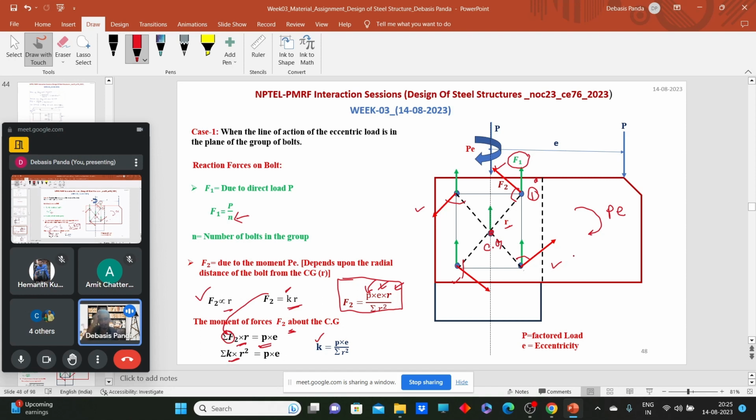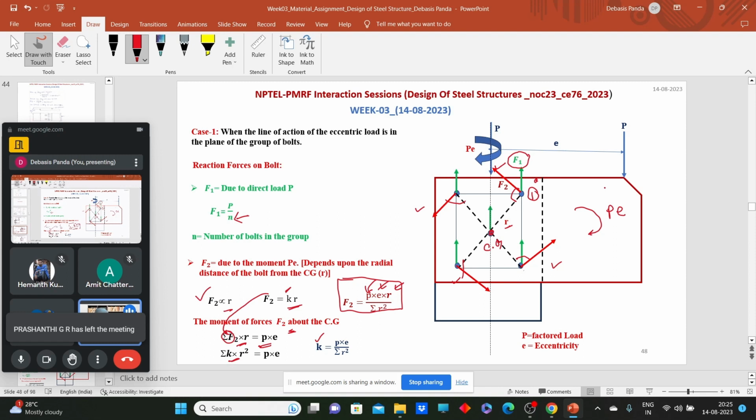So for these connections, what we have seen is that due to that eccentricity, one additional moment will generate at the CG of the group of bolts, and one direct load is applied.